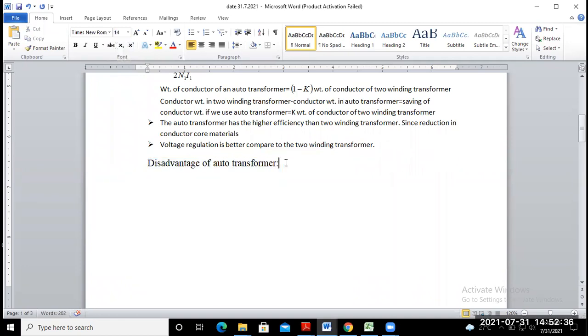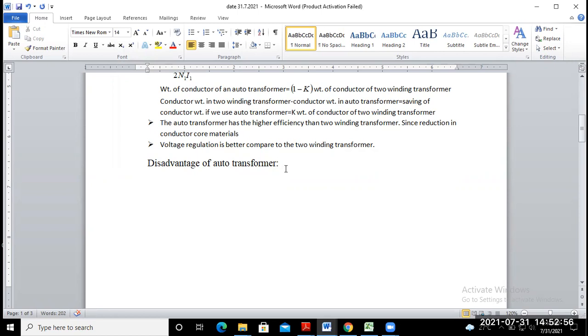In the previous session, we already saw that the saving of conductor material in the auto transformer is equal to K times the weight of the two-winding transformer, where K is your transformation ratio.